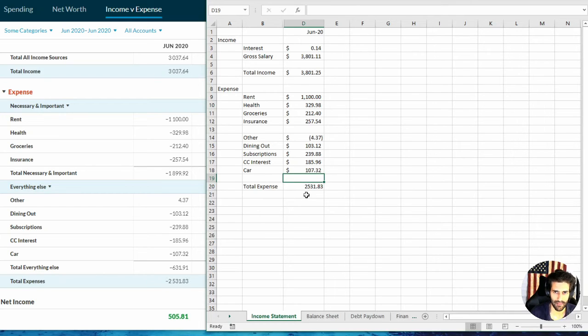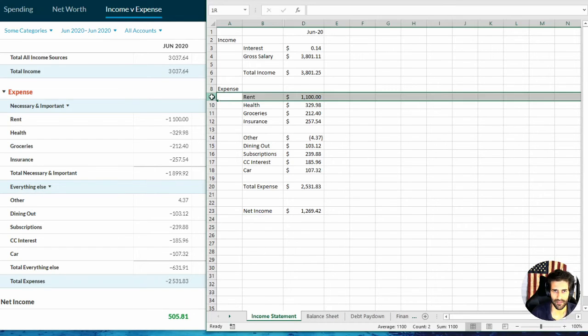So, does this number match that number? Yes, it does. So now we got our net income. And the net income is the total income minus the total expenses. And, oh, why is it so high?